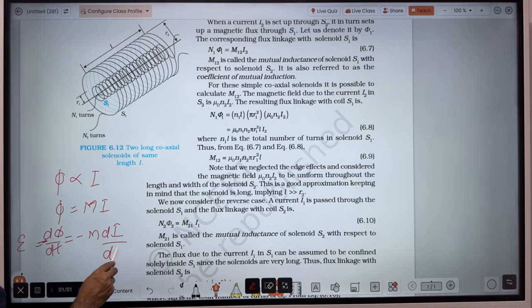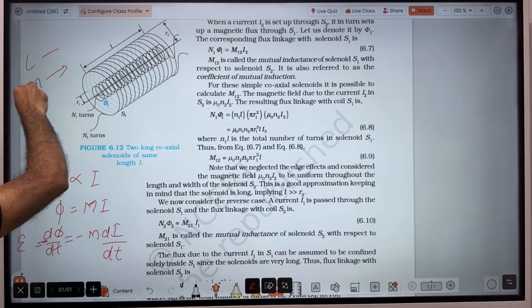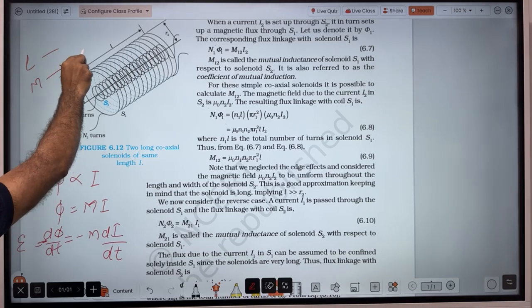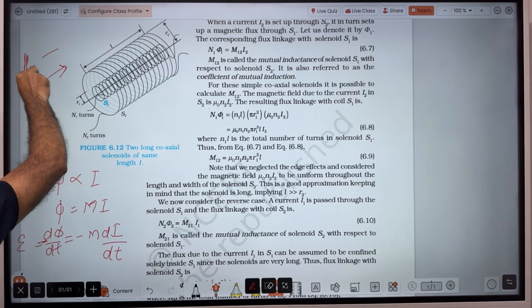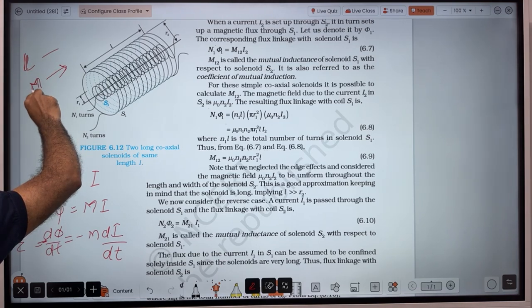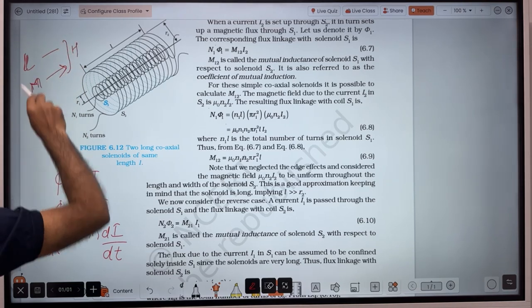This is the same, and the unit is also the same as we have seen for L, that is Henry. So the coefficient of self-inductance and the coefficient of mutual inductance both have units of Henry, right?